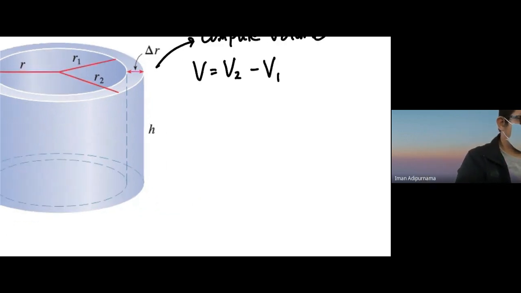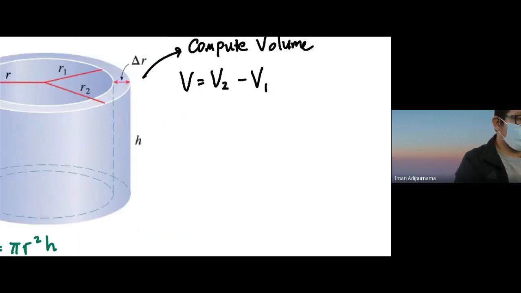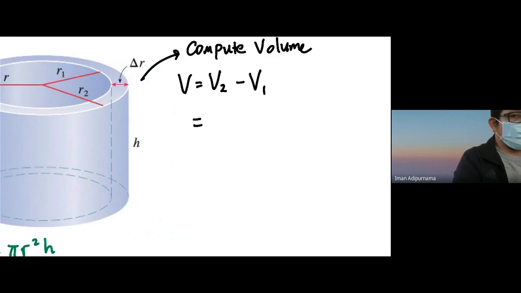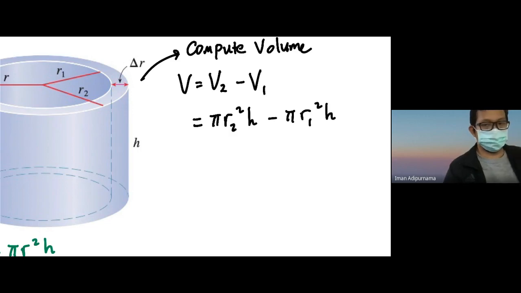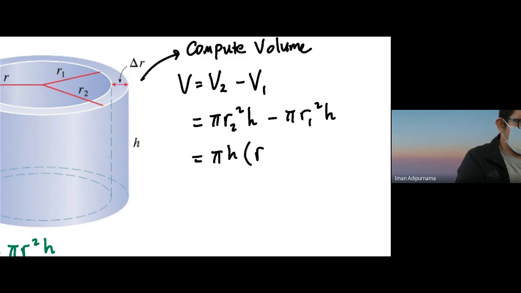Let's write the volume. The volume of a cylinder is pi r squared, this area, multiplied by the height. So volume 2 is pi r2 squared times h, minus pi r1 squared times h. We can factor out pi and also h, and we get that.